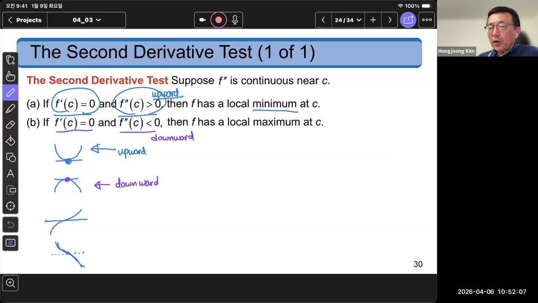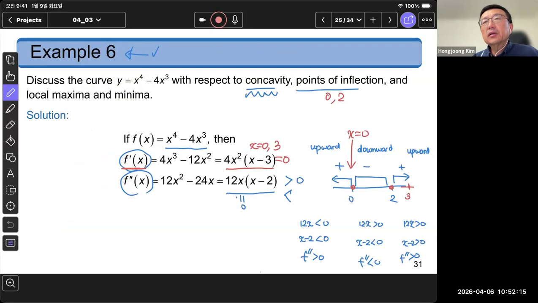And if f prime is 0, but f double prime is negative, then you get a local maximum. So in the case of 3, f prime is 0 and f double prime is positive, concave upward. So at 3, you get a local minimum.